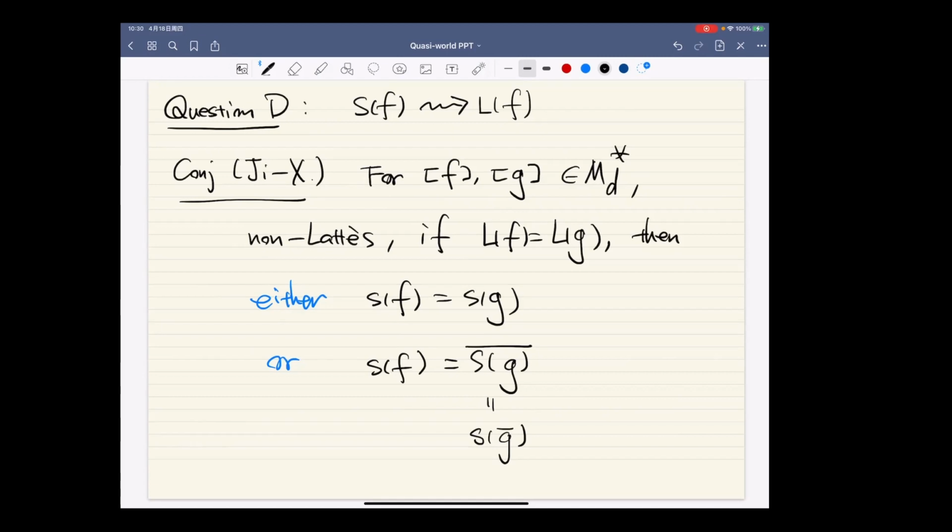So it means that S_F is exactly the complex conjugation of S_G. And if we change the coefficients of G to their complex conjugates, so we write it as G bar, then S_{G bar} is exactly the complex conjugation of S_G. So it means that either G or G bar has the same multiplier spectrum as F.